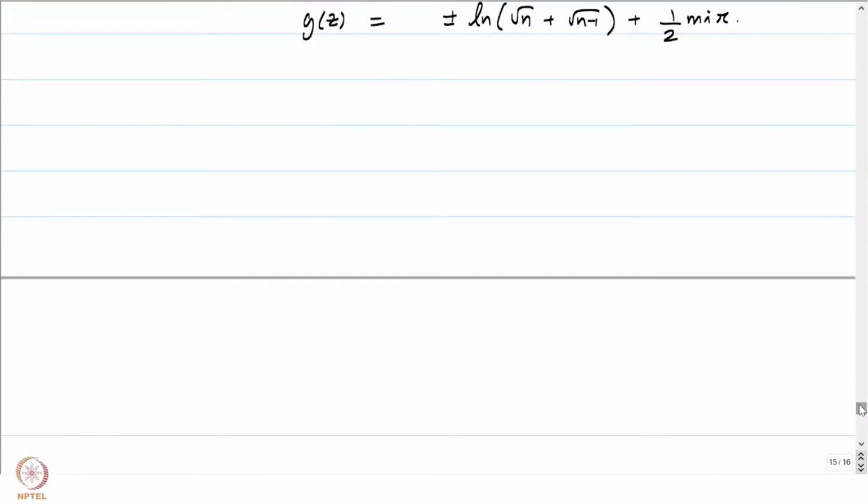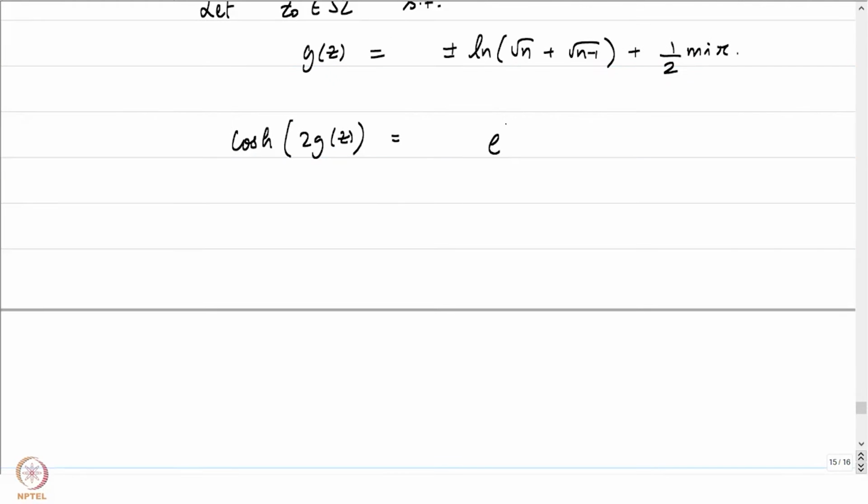Let's see what happens to cosh 2g of z. Let's first focus on that. 2 times cosh 2g of z is going to be equal to e to the power 2g plus e to the power minus 2g, right?